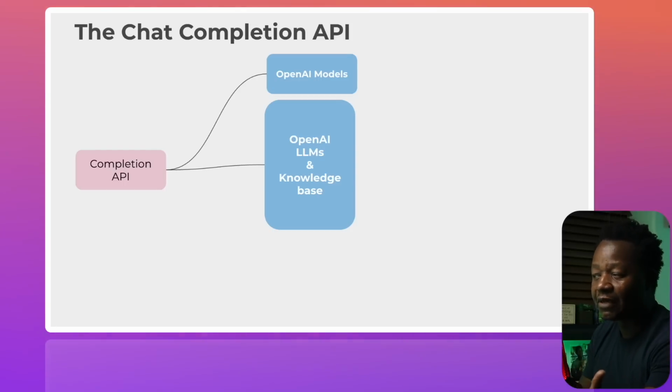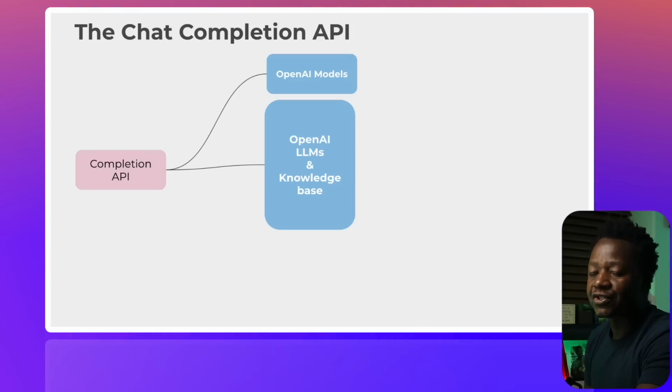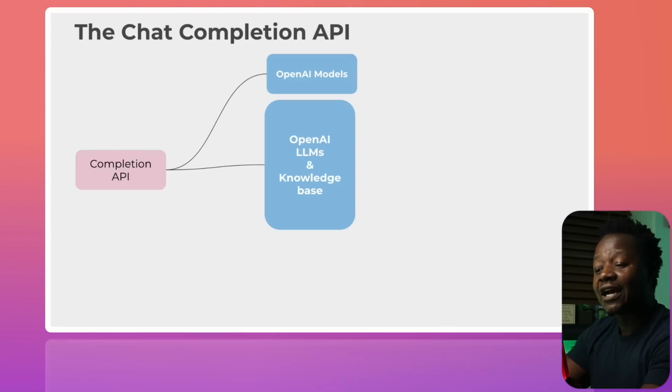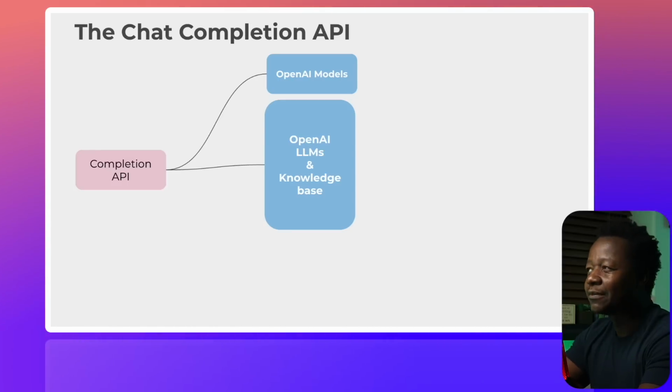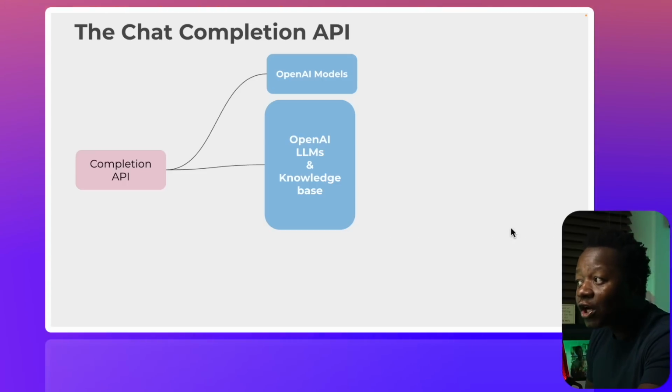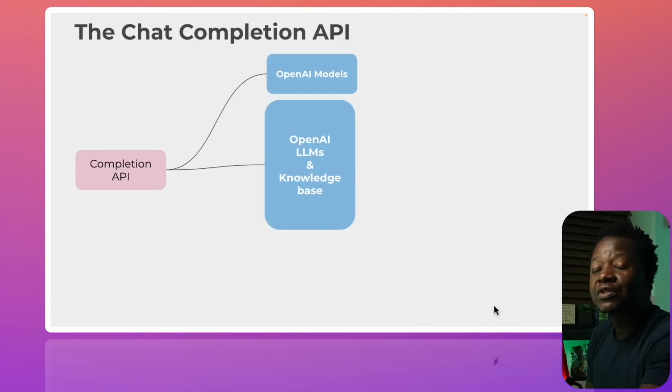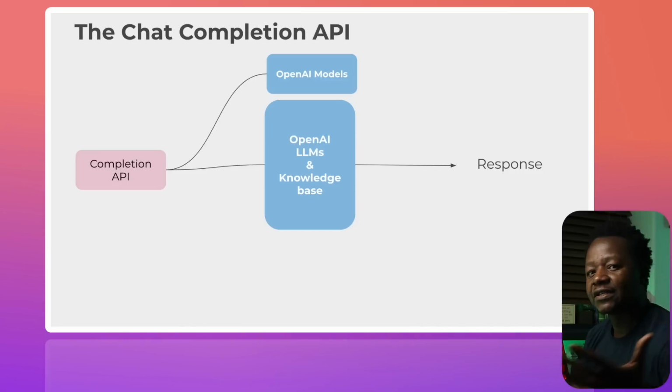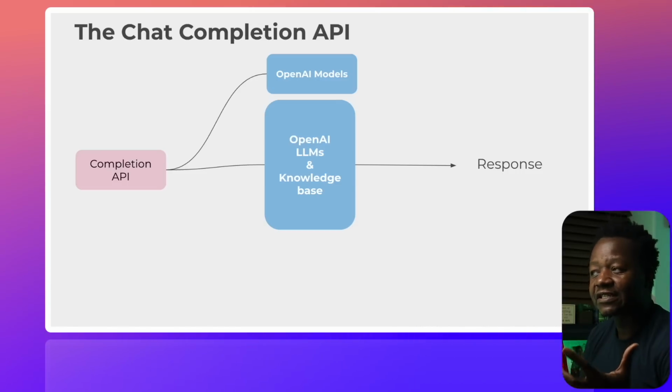There's no addition, meaning if you were to ask certain questions about something that happened after September 2023, I believe, then this large language model wouldn't have that knowledge base. So it would just say, I don't know. Because the completion API is just a way for us to get a direct response. Okay, that is the difference here between the chat completion API, which is useful, and the Assistants API, as I have discussed earlier.